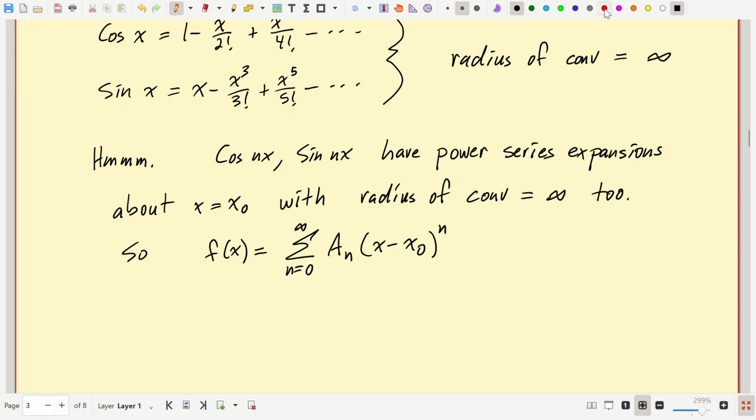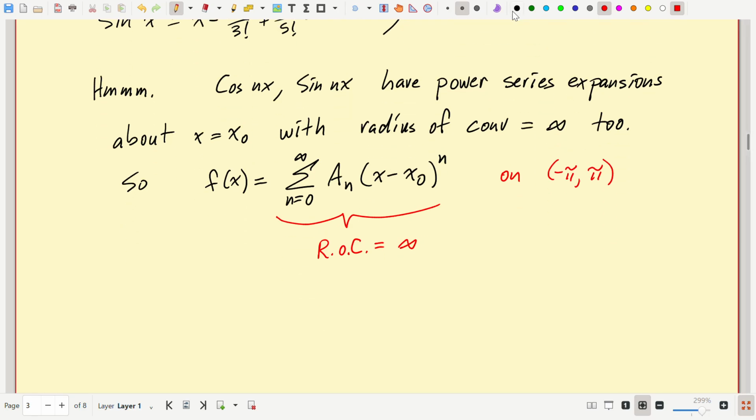So this has an infinite radius of convergence, and this is a true fact on minus pi to pi. And Taylor's formula for the coefficients: an is the nth derivative of f at x naught divided by n factorial.